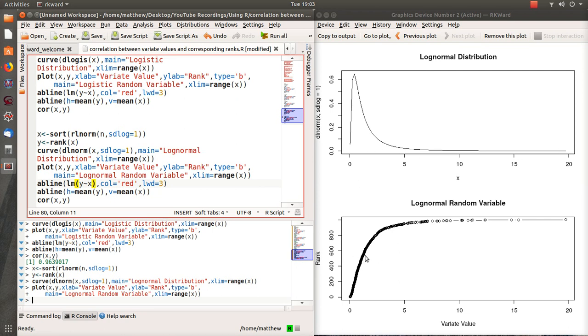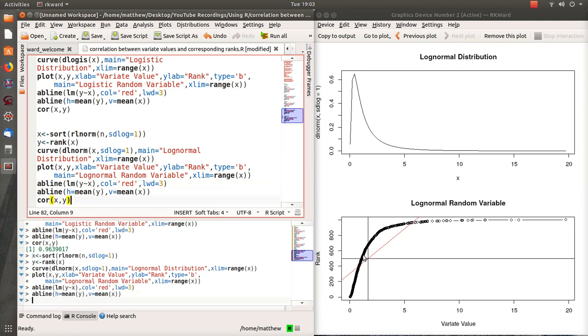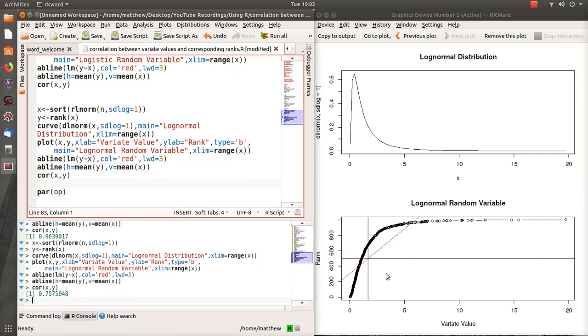Now let's fit the regression curve, and so notice again that there's a piece here that are above the mean for the ranks, but below the mean for the variate values. And there's a lot of them, so they're going to contribute to canceling out some of these others that are positive and positive. And so here the correlation is 0.75, so you can see that.